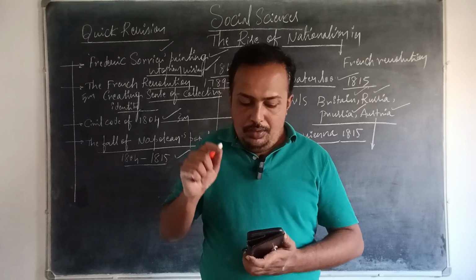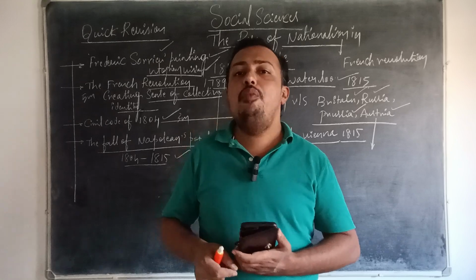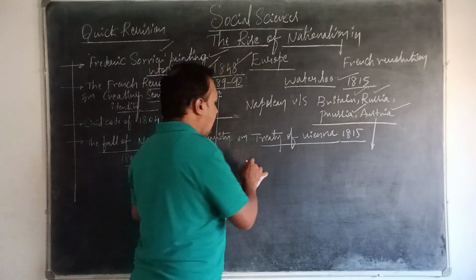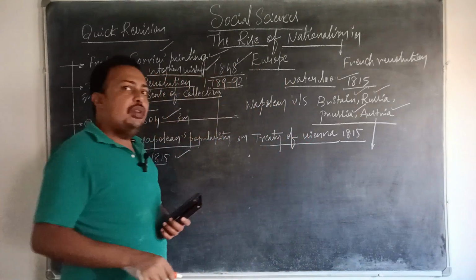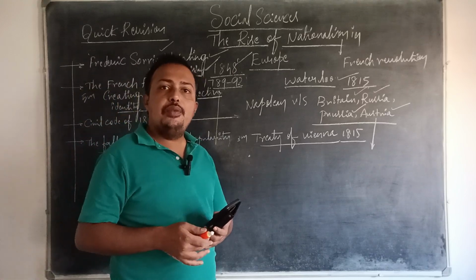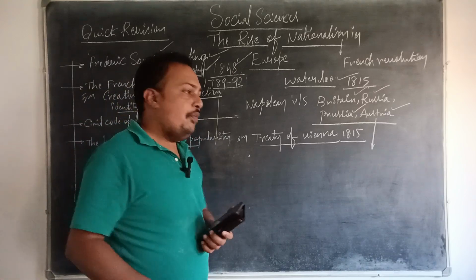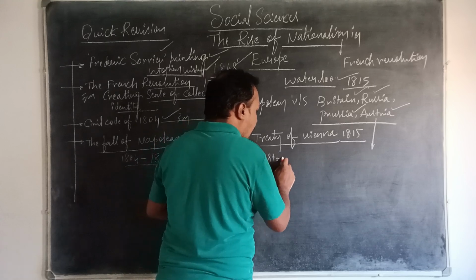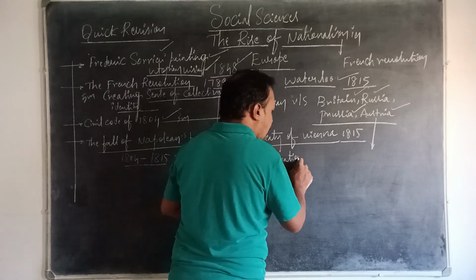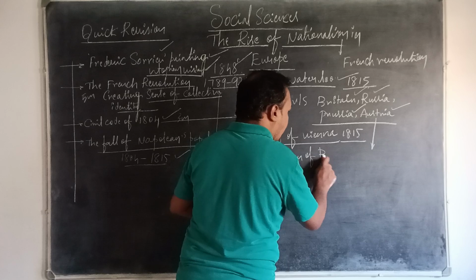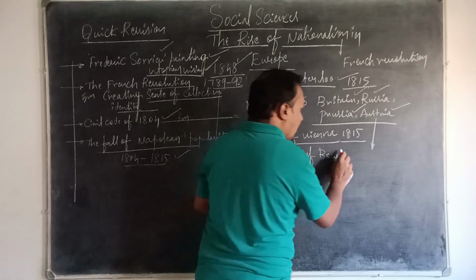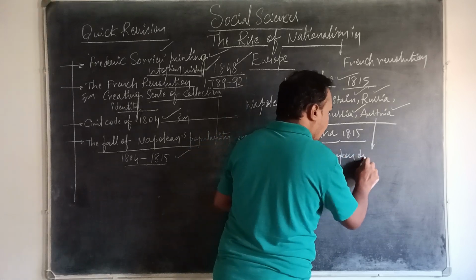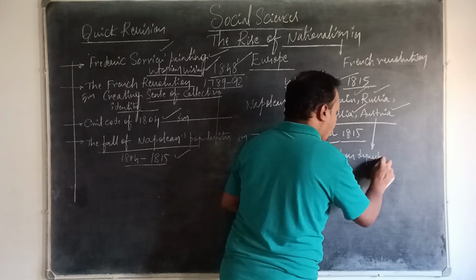So, restoration of the Bourbon dynasty. After Louis XVI, the Bourbon dynasty was thrown out completely from power in France. Now you can see the restoration of what? Restoration of the Bourbon dynasty in France.